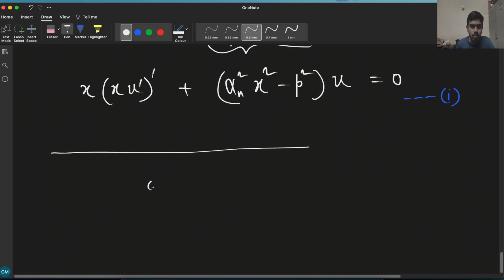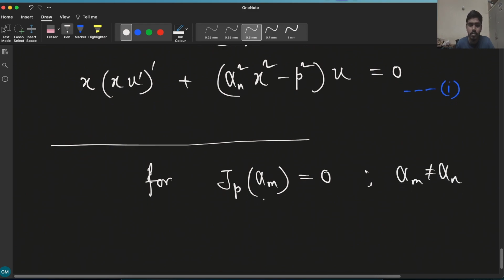And now for another zero of the Bessel function, let me call it Jp of alpha m, that should be equal to 0 because alpha m is a zero of the Bessel function. So here alpha m is not equal to alpha n.